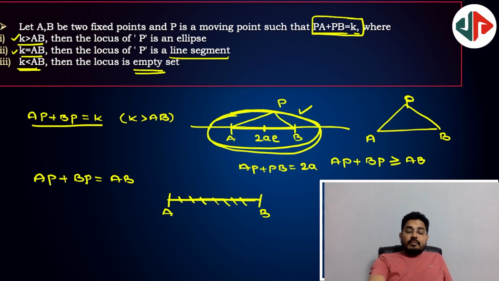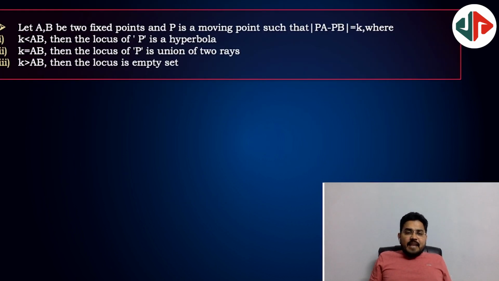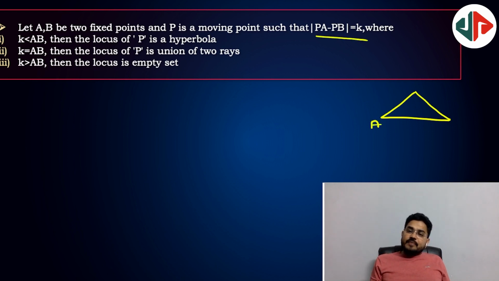Okay, moving to the next point, which is the same extension of the previous thing, triangular inequality only. The sum of two sides is greater than the third side. Here it is the difference of two sides, like AP minus BP. The difference of two sides is always less than or equal to AB.